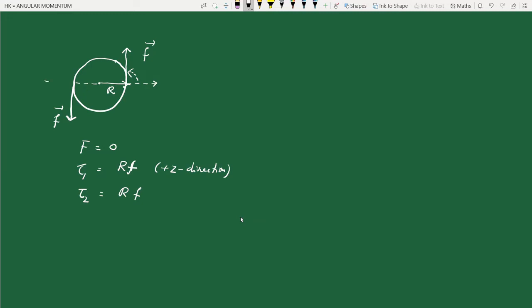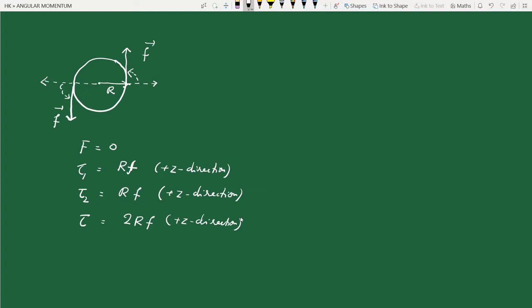Taking the direction of R, which is this, to the direction of F, the rotation is in the counterclockwise sense. If you apply the right hand rule, the torque is again in the plus Z direction. So the two torques are in the same direction, so we can add them. The resultant torque is 2RF in the plus Z direction.